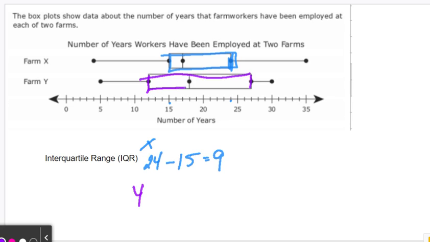When we look at this box, we look at the high, which is 25, 26, 27, minus the low, which is 10, 11, 12. When we do 27 minus 12, we get 15. So we can see that the interquartile range, IQR, for farm Y is greater than farm X.